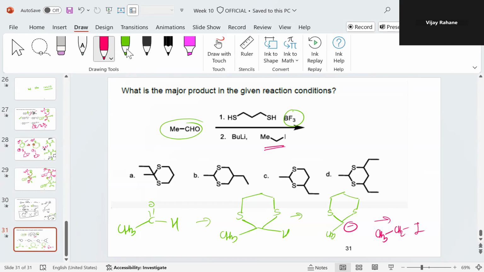This negative charge now attacks this one, iodide gets eliminated, and it forms CH3, CH2, CH3, and here the diethyl remains as it is. So this is, as you mentioned, the correct option. Which option is correct? Option A is the correct option.